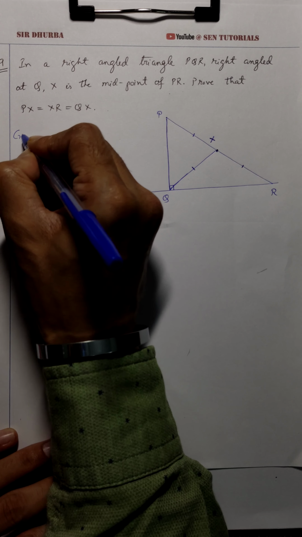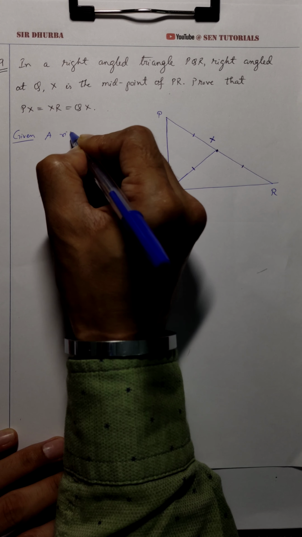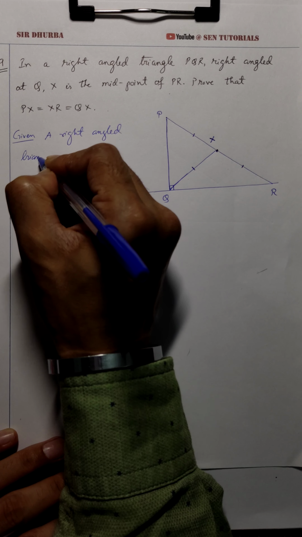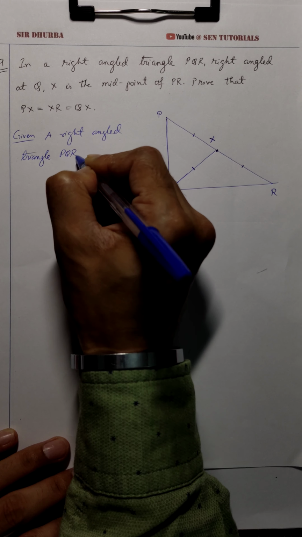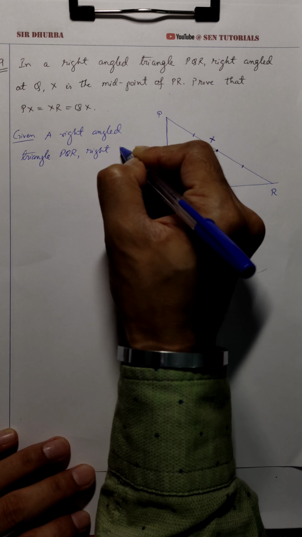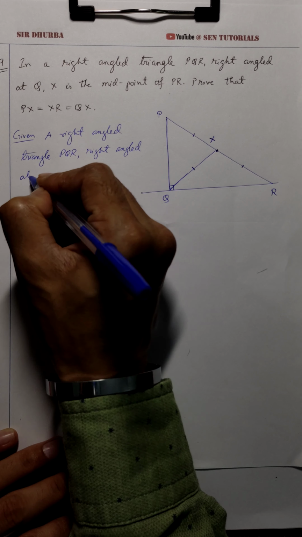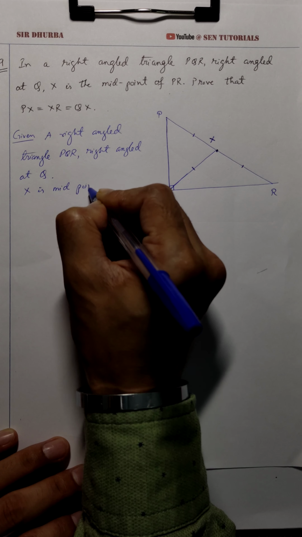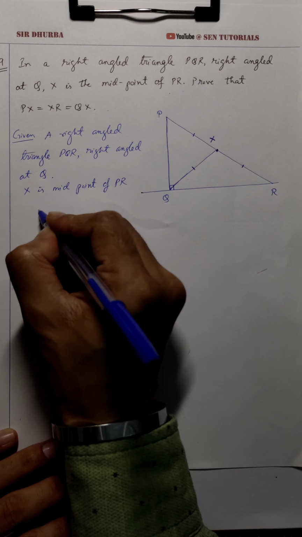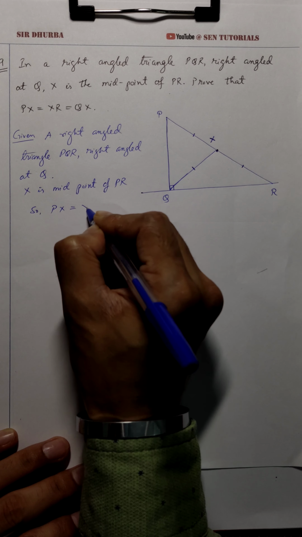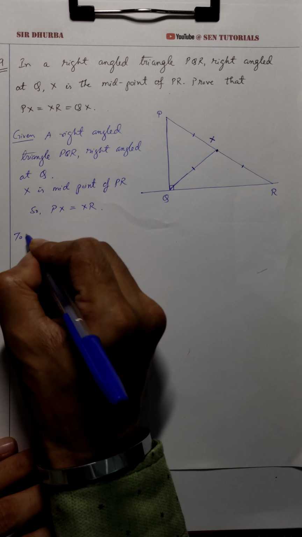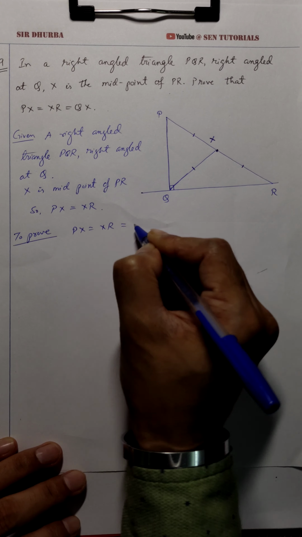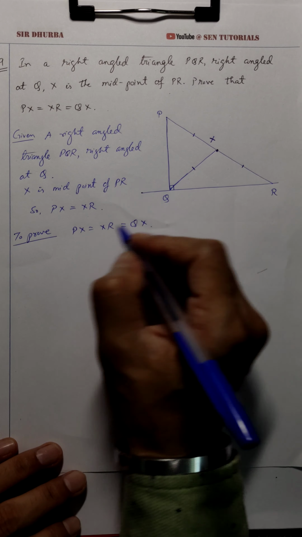So given a right angled triangle PQR, right angled at Q, X is the midpoint of PR, so definitely PX is equal to XR. To prove: PX is equal to XR, of course already given, is equal to QX.